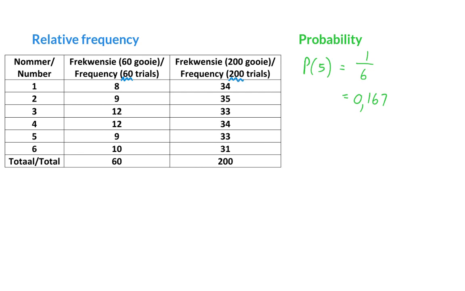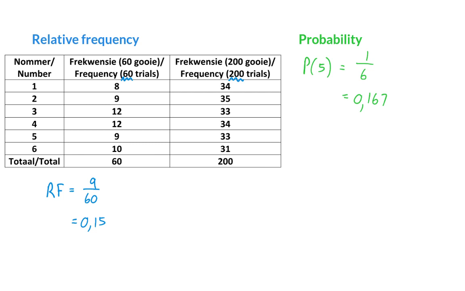From here, we can calculate the relative frequency for the dice landing on a 5. When the dice was rolled 60 times, 9 out of those 60 times we had a 5, and that's a relative frequency of 0,15.